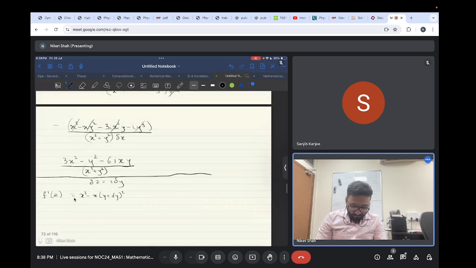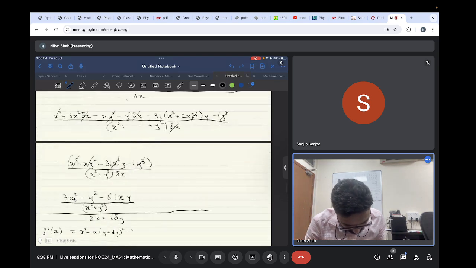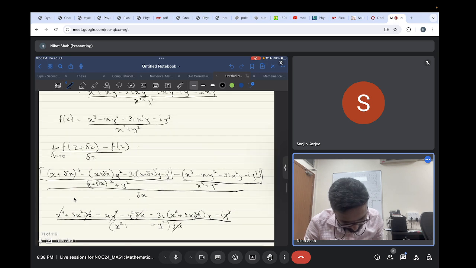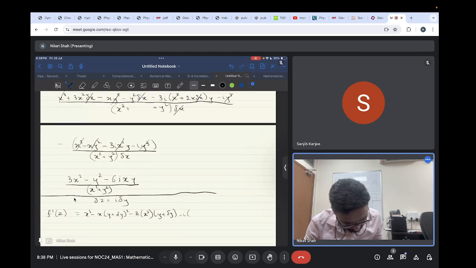So y plus delta y the whole square minus 3i x square y minus 3i x square into y plus delta y minus i y cube minus i into y plus delta y the whole cube divided by, we know that the denominator value of delta y does not matter.